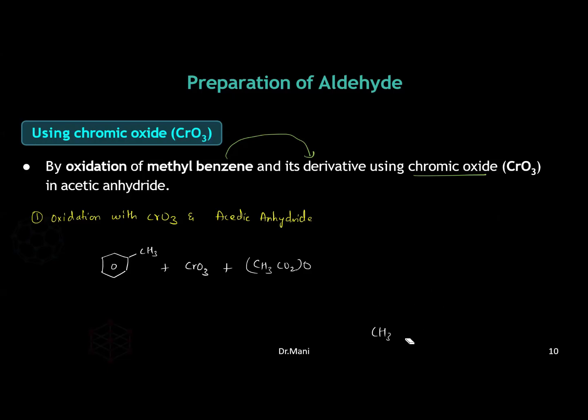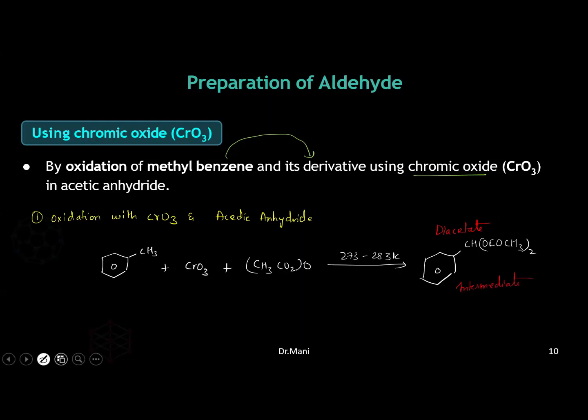At 273 to 283 Kelvin, it gives the benzene with CH(OCOCH3)2. You don't need to remember this intermediate compound, but if they ask, you call it a diacetate intermediate.